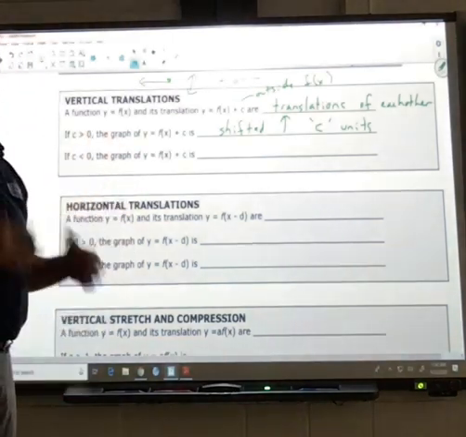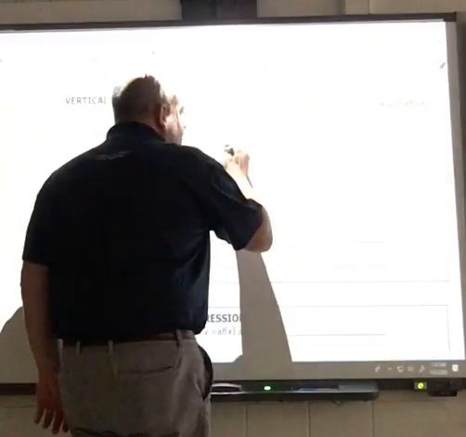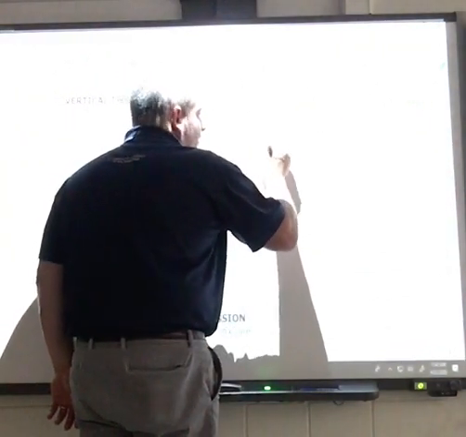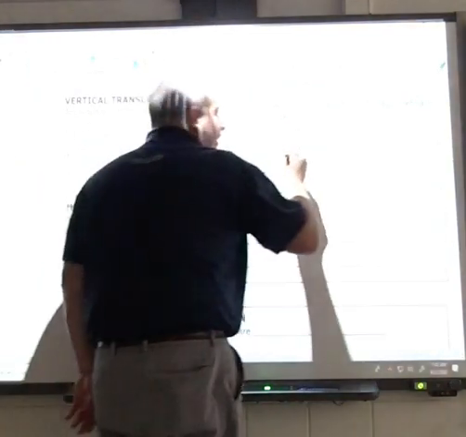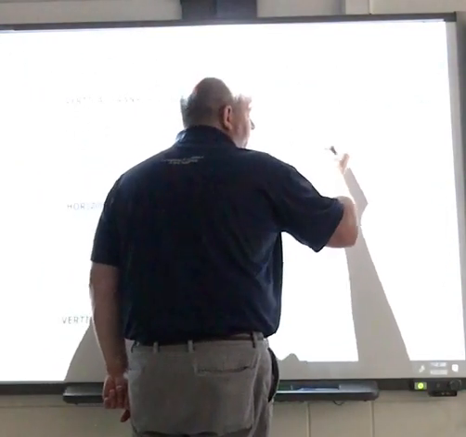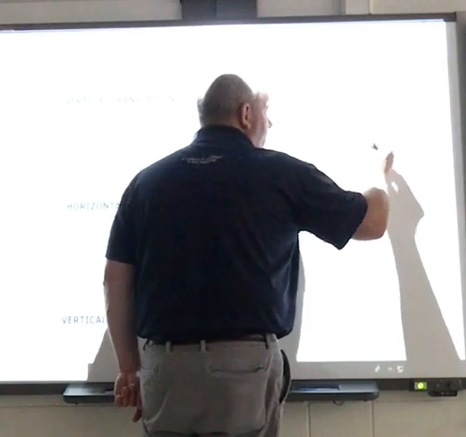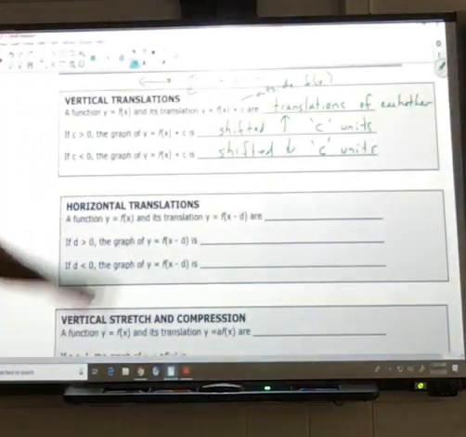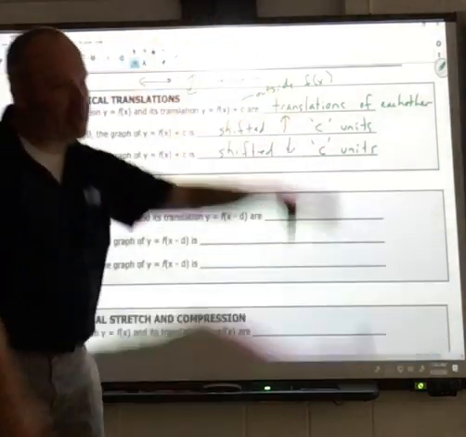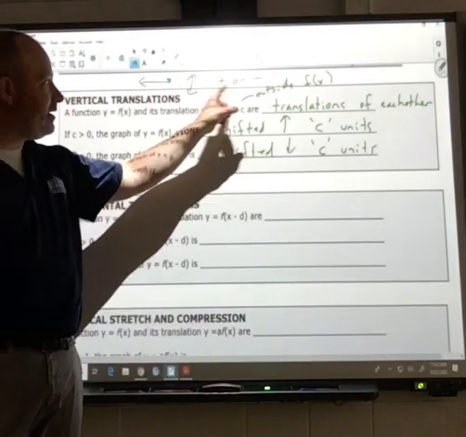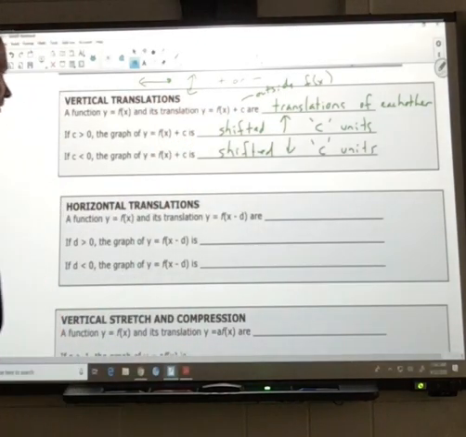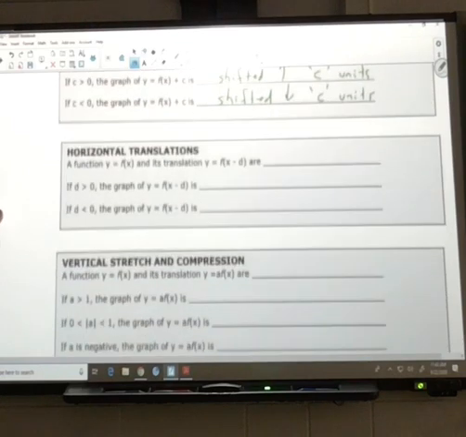If c is less than 0, if c is negative, then it's the same thing. The plus c is going to be shifted down c units. It's simple for c. So anything that's added or subtracted on the outside of the function is going to be shifted up or down.